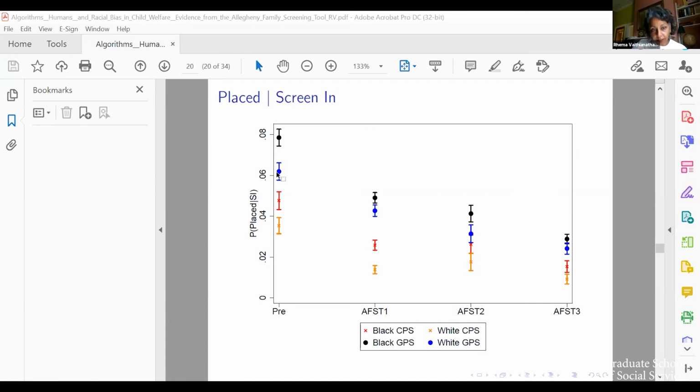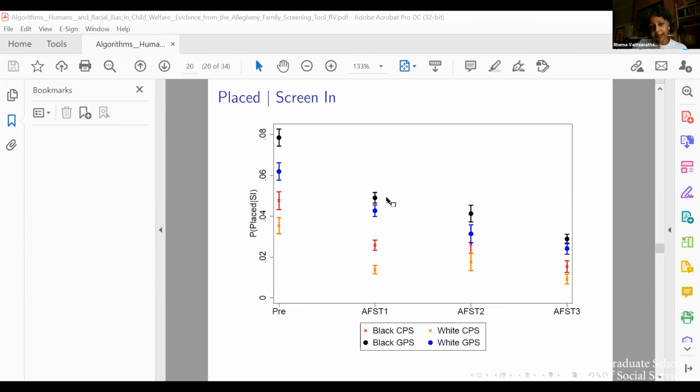Quite contrary to what Aaron did, because Aaron was looking at some very particular data, the numbers, and the numbers change over time because the number of people living in Allegheny changes over time. The children who are called in change over time. So what we're really interested in is what's happening to AFST as a result, conditional on screening in.